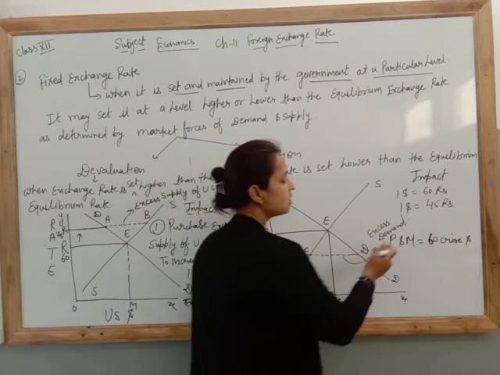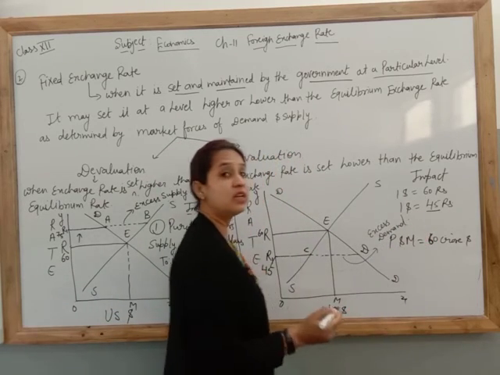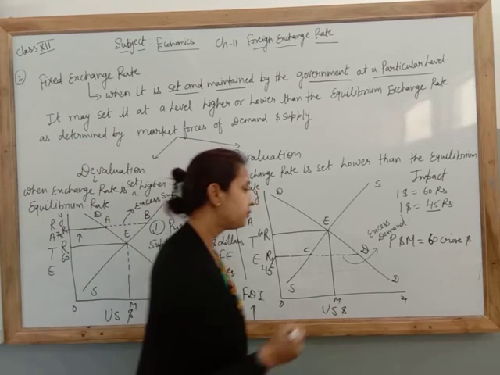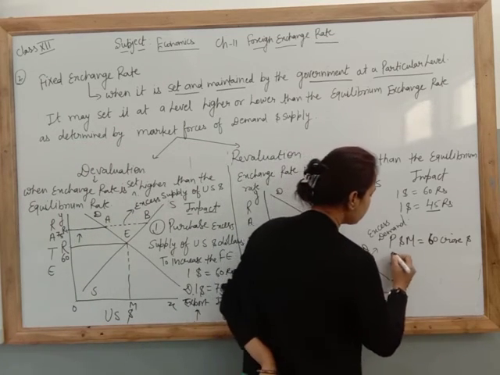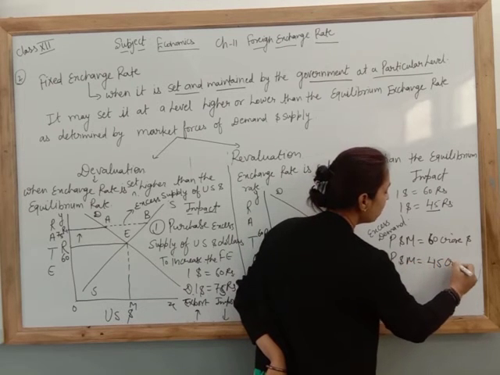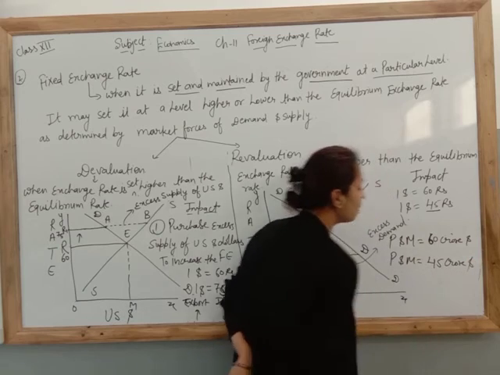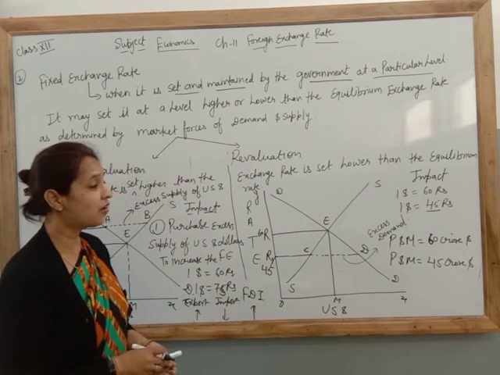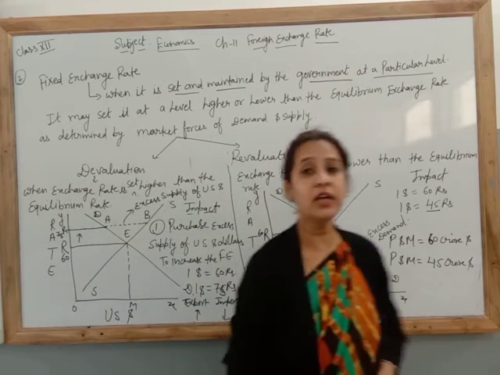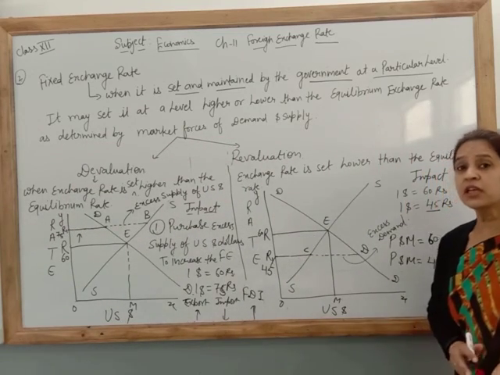So due to this reason, the government is going to decrease, or we can say revalue, the rate. In that condition, they now have to pay 45 crore. Because of this reason also, the government revalues the domestic currency.